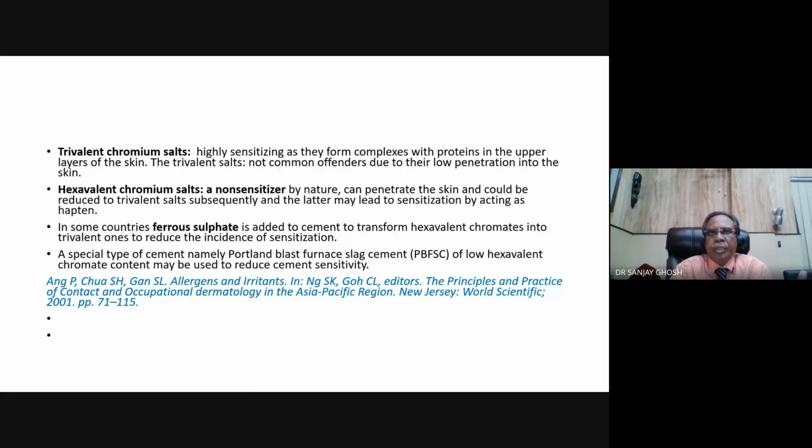We are diagnosing atopic, we are making different diagnoses, but maybe the cement allergy is causing the main problem. So in our country, the government should take a step, as in their country, as Dr. VN told; this change should be done. And though it is costly, ultimately the patient will be saved, the Indian community will be saved.